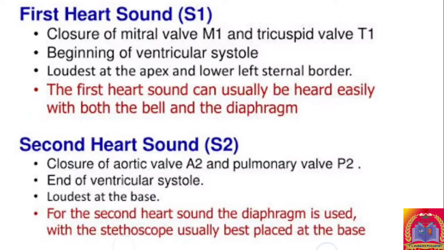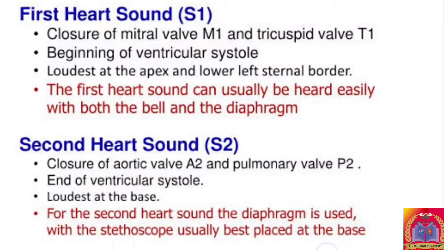So move on to the second heart sound, S2. The second heart sound is produced by the closure of the aortic and pulmonic valves. The sound produced by the closure of the aortic valve is termed A2, and the sound produced by the closure of the pulmonic valve is termed P2.